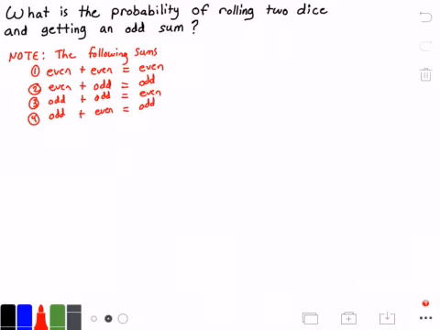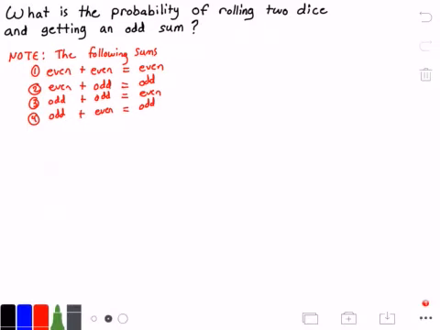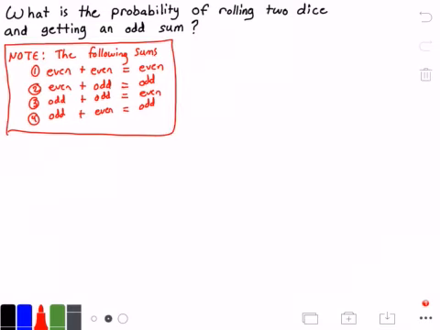So this means that we need one die to be odd and we need the other die to be even in order for the sum of the two dice to be odd. So let me just highlight this little note, and now let's change colors.